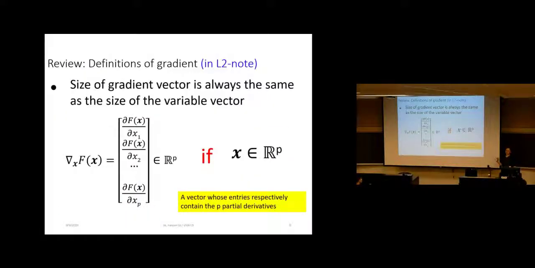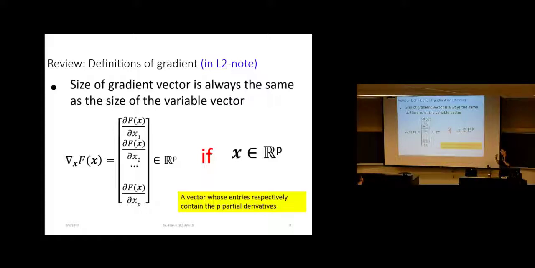So gradient is what? Gradient is a definition of a vector of partial derivatives. It's a vector in the p-dimensional space, right? Okay, let's come back. So it's a vector.